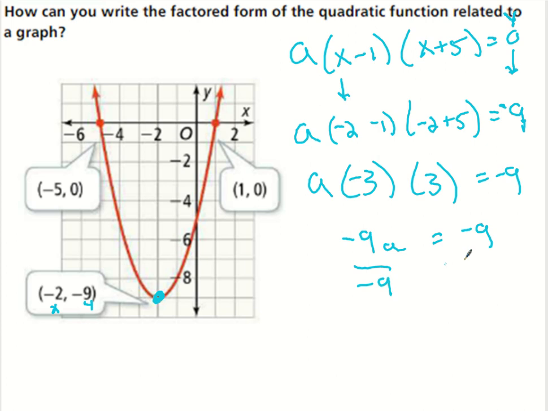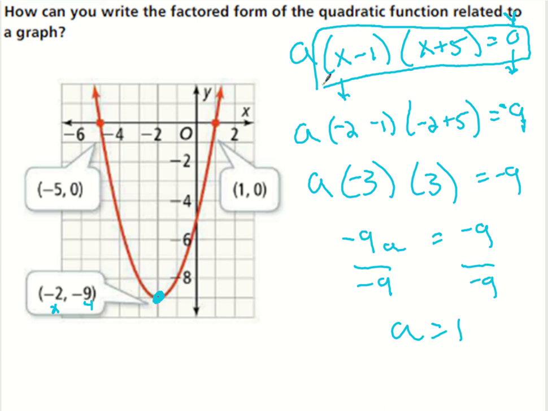When I divide by negative 9, I get a equals 1, so that one worked out. If I had something that wasn't 1 here, I would just distribute that. But because I got 1, I can plug in a 1 in front, and it doesn't do anything. So there's my final solution.